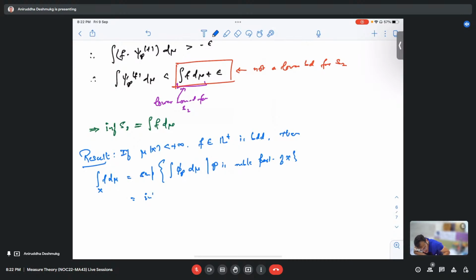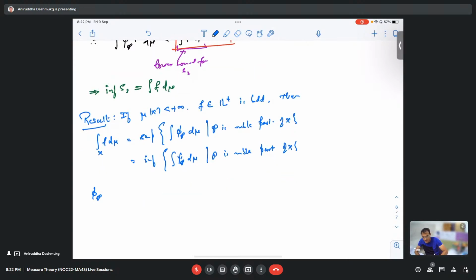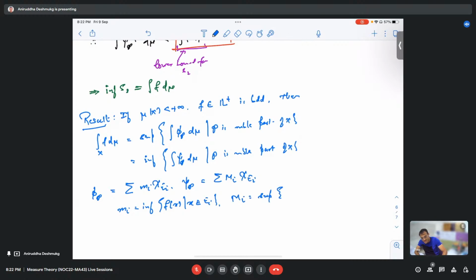It is also equal to the infimum of C_P, where P is a measurable partition. And what are these P_P and C_P? P_P is the simple function small m_i chi_{E_i}. C_P is the simple function capital M_i chi_{E_i}, where small m_i is the infimum of f(x) as x varies in E_i, and capital M_i is the supremum of f(x) as x varies in E_i.